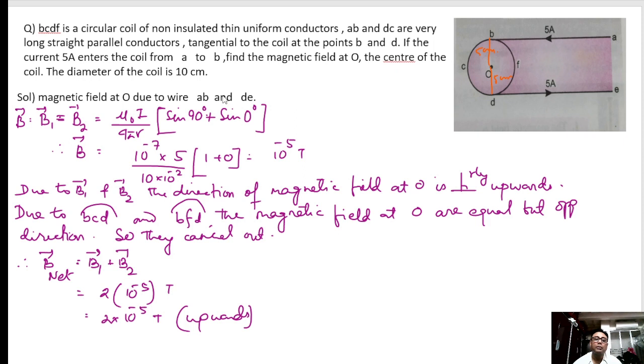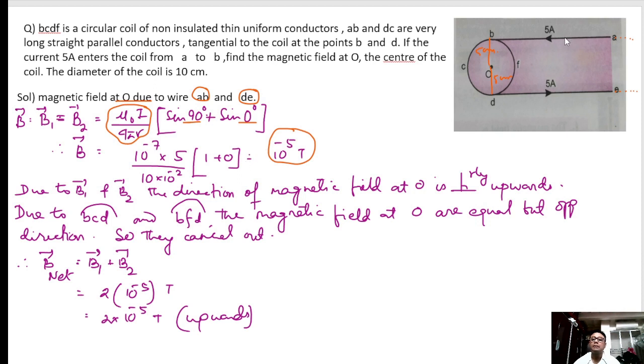So first of all, the magnetic field at O due to the wire AB and DE. So AB and DE will be this formula we have done, straight wire. One end is infinite length. So only at one end is sine 90 plus sine 0. So this is due to the straight wire.